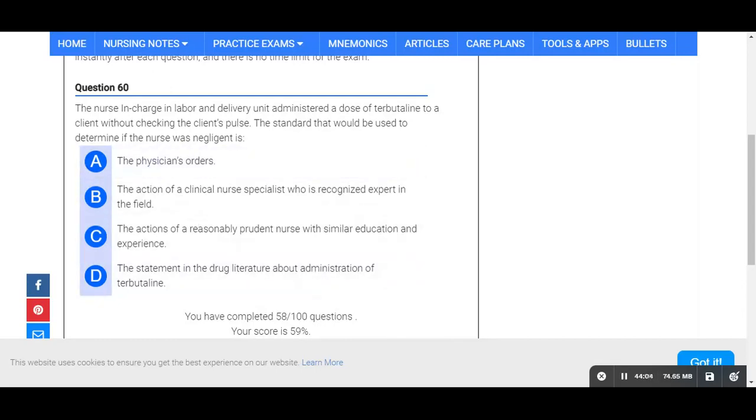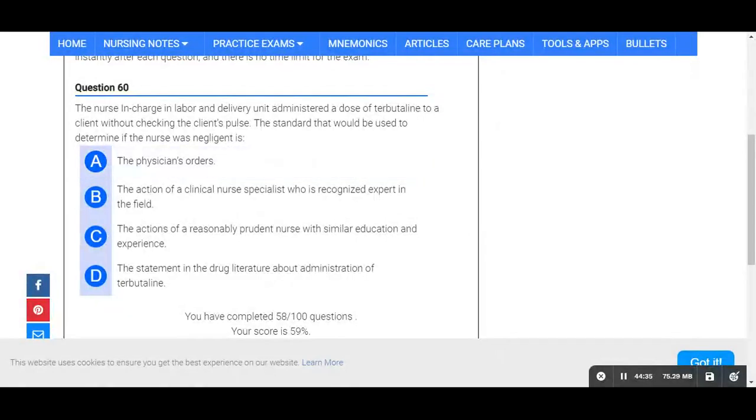Okay. The nurse in charge in the labor and delivery unit administered a dose of terbutaline to a client without checking the client's pulse. To remind you, terbutaline is used to prevent and treat wheezing, shortness of breath, and chest tightness caused by asthma, chronic bronchitis, and emphysema. Terbutaline is in a class of medications called beta agonists. It works by relaxing and opening the airways, making it easier to breathe.